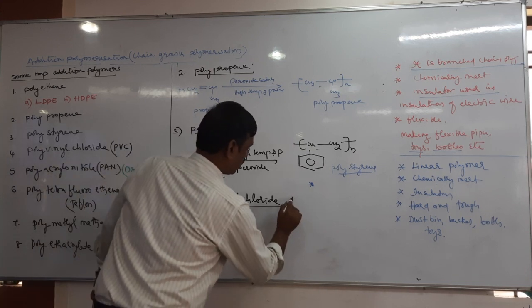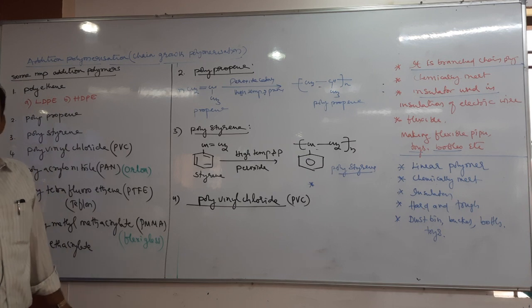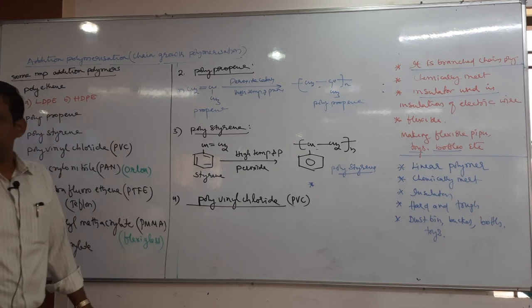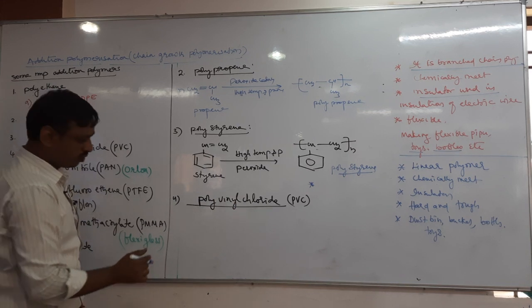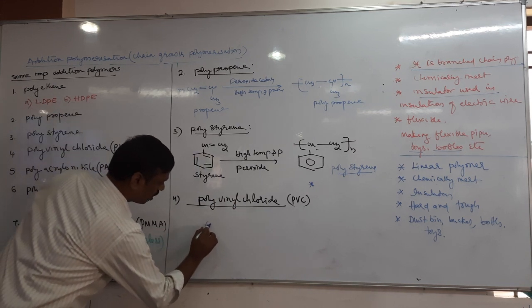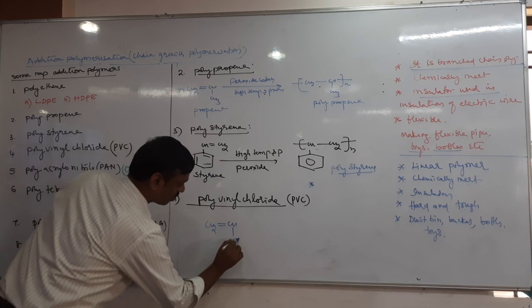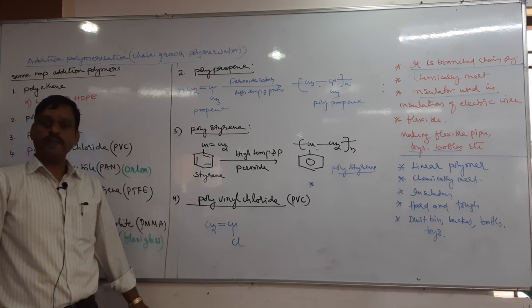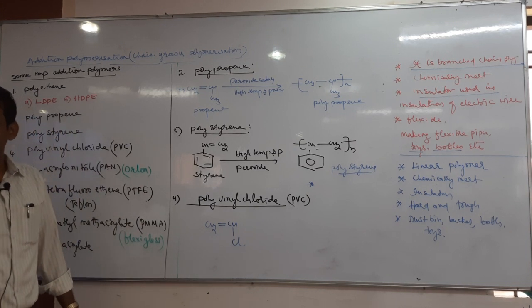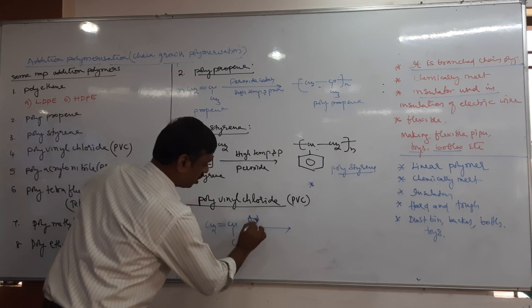Polyvinyl chloride, it's PVC. Tell me. So in polyvinyl chloride, what is the monomer? Remove the poly word, vinyl chloride. Okay, then what is vinyl chloride? So ethylene group is containing chlorine, right? Then it undergoes polymerization, that is addition polymerization.